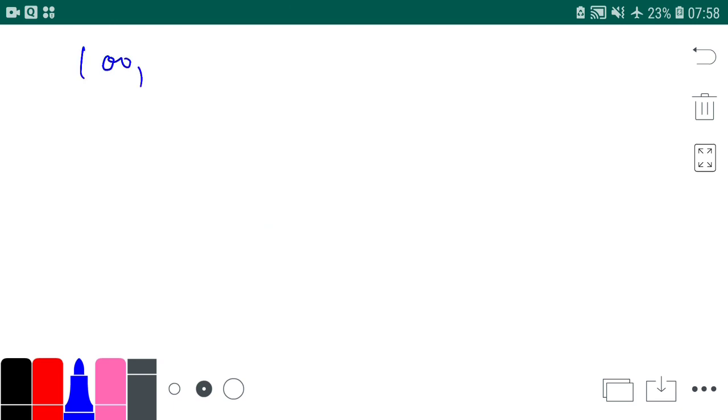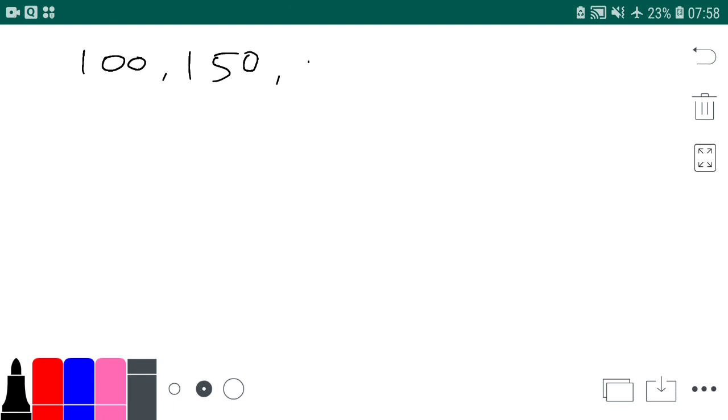Let's take again 4 digits. Let's take 100, 150, 250 and 400. Everything is in ascending order. Now median is what?